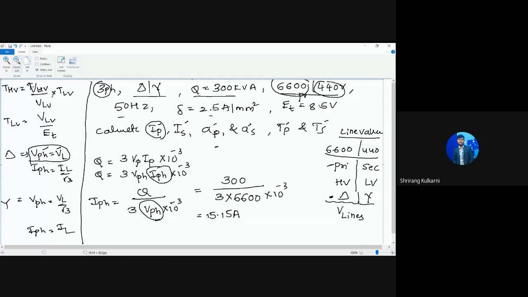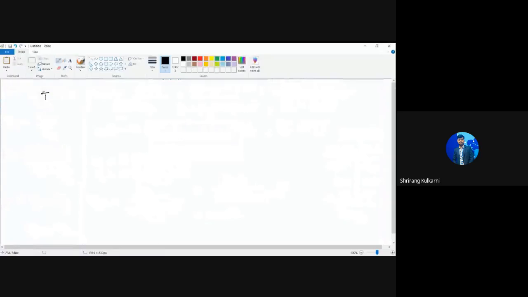I phase we have calculated. Now I will take a new page. So IS value is equal to, again, what is the formula for that? It is 3 Vs Is 10 to the power of minus 3. I need to calculate in terms of phase, V phase, I phase of secondary. These are secondary values.